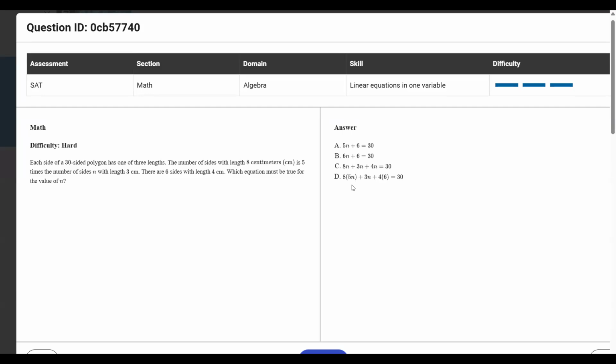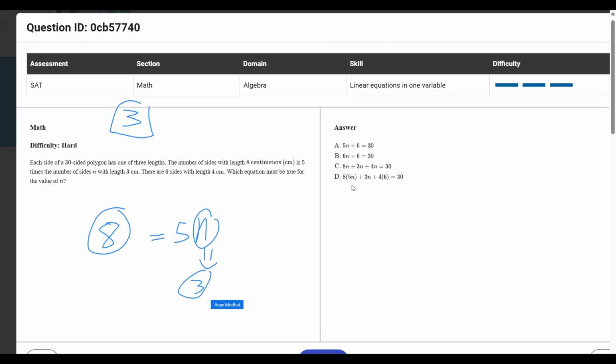So the number of sides that has 8 centimeters is equal to 5 times n. And here is the number of sides of 3 centimeters. There are 6 sides with length 4. I mean for the 4 centimeters, there are 6 sides.